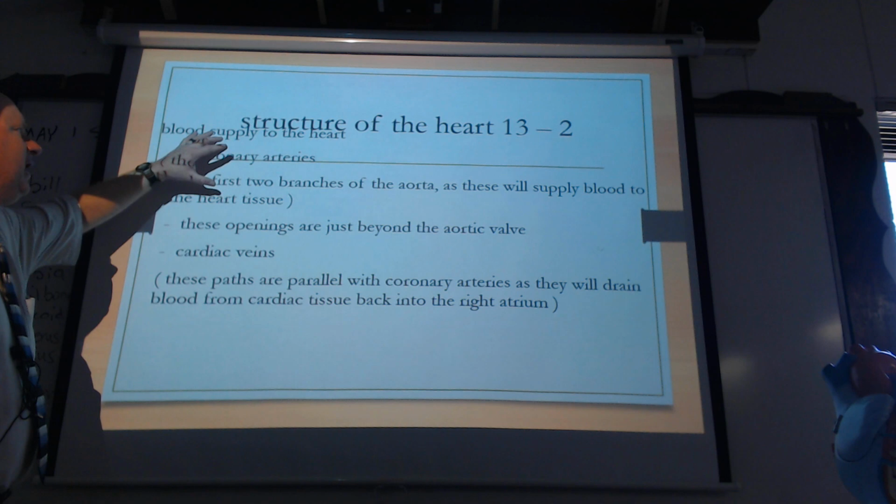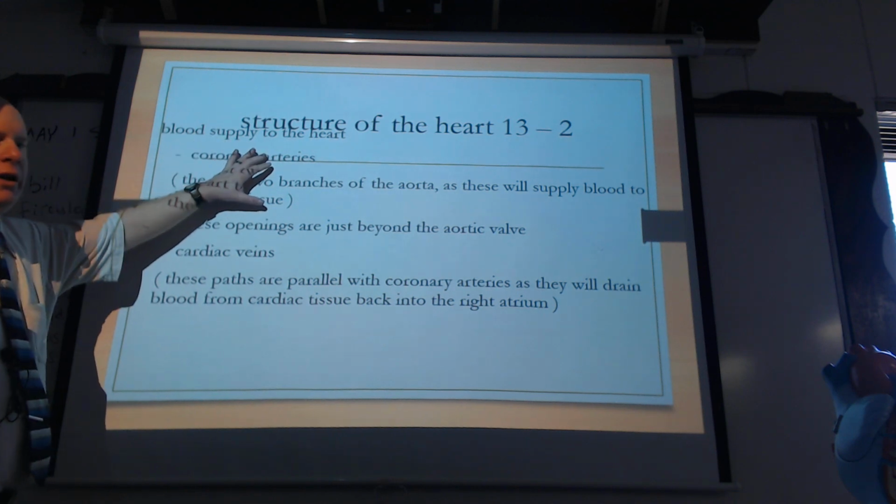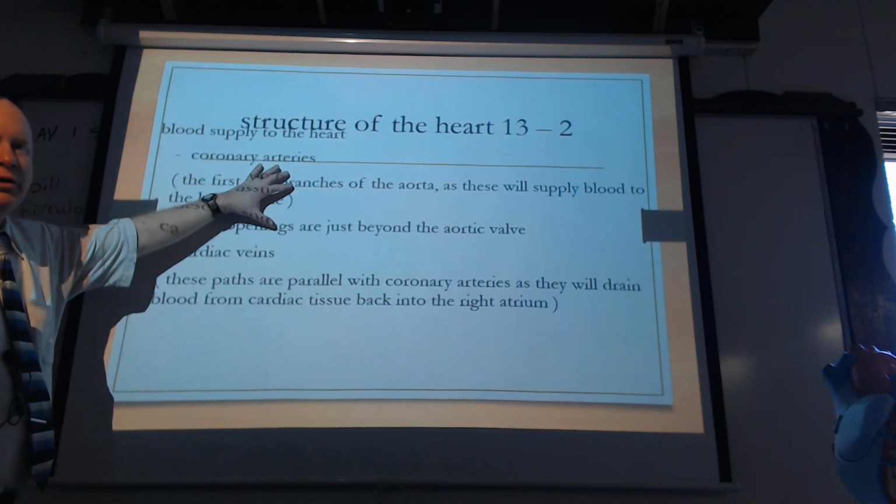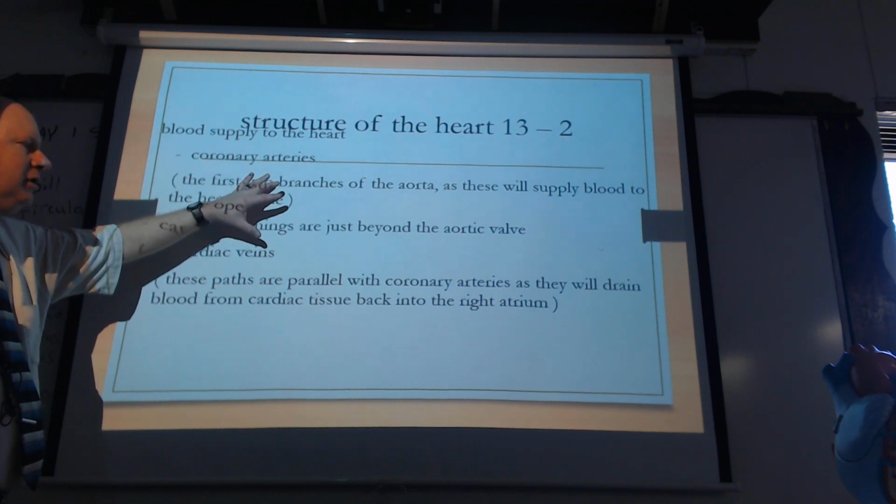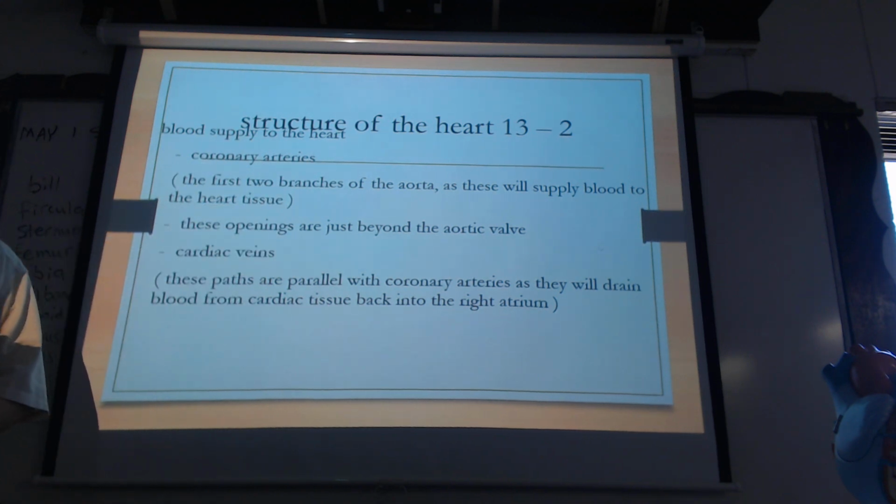The very first branch off of the aorta is actually the coronary arteries that supply blood to the heart. We typically think, okay, what's going to be the first branch off of the aorta? I almost said subclavian. That's not correct.